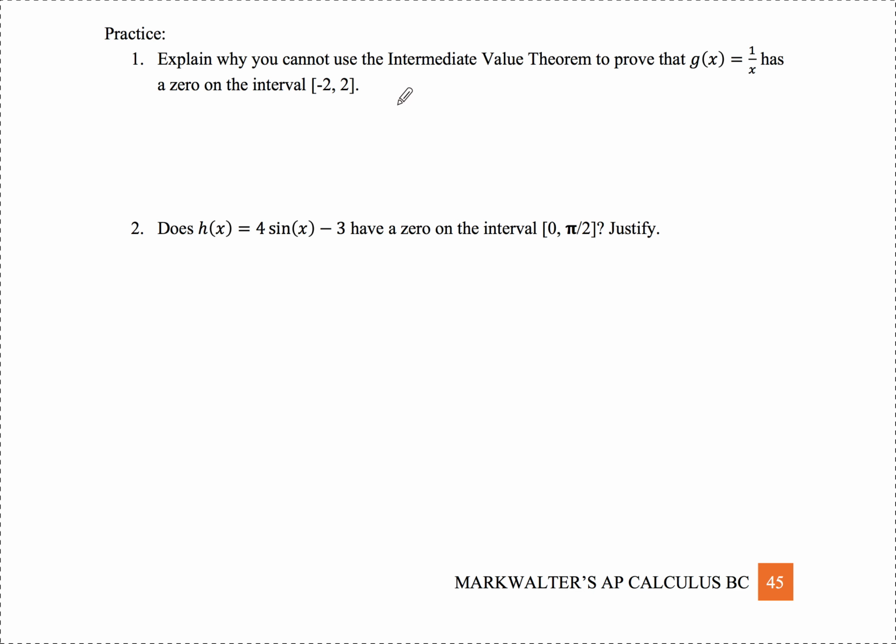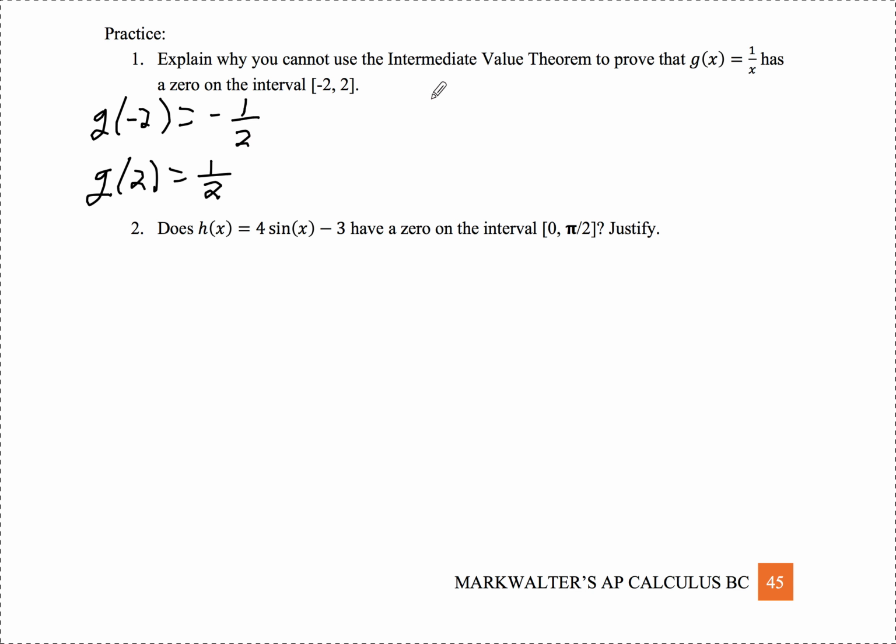Explain why you cannot use the intermediate value theorem to prove that g of x equals 1 over x has a 0 in the interval -2 to 2. Well, think about it. If you plugged in g of -2, you would get -1/2, right? And if you plugged in g of 2, you would get +1/2. So you go, well, wait a minute. Doesn't this show that there is a 0 between -2 and 2?